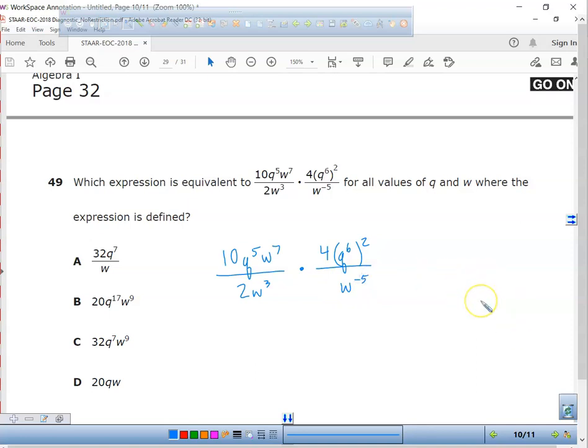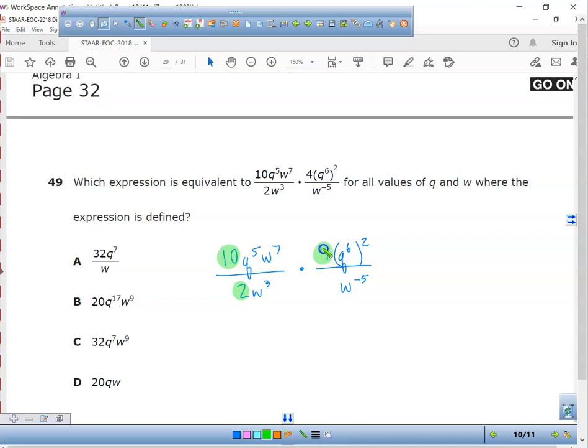Now, one thing we're going to do, okay, is we're going to eliminate a couple of answer choices just by looking at our numbers, our coefficients. All right? So right now, if we just look at these, we have a 10, we have a 4, we have a 2. This means 10 times 4 divided by 2. All right? What's 10 times 4? 40. What's 40 divided by 2? 20. So we know our answer is either going to be answer choice B or answer choice D from the very, very, very get-go. If you just look at the numbers, okay?